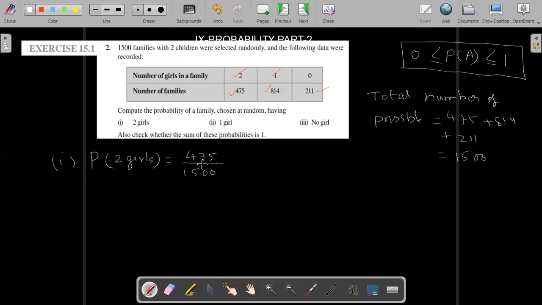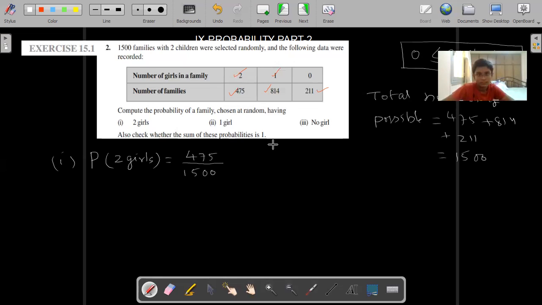If you can convert it into the simplest form, you can cancel it and find the solution. Otherwise, you can leave it as it is, because at last they also check that the sum of these probabilities should be equal to 1.